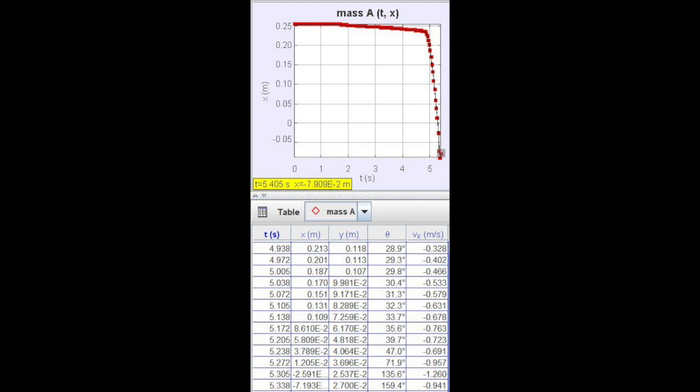We showed you the section of the velocity chart at the very end of the experiment, so you can see how the magnitude of the velocity is slowly increasing, but in a negative direction. You can also look at the theta, and we use that theta to calculate our coefficient of friction, which is 0.45.